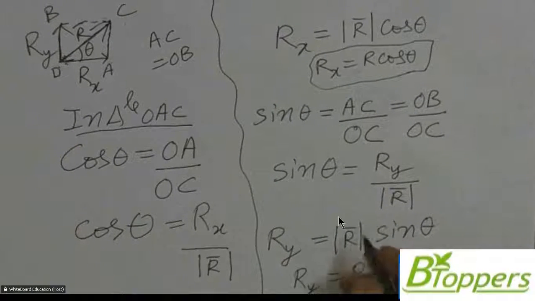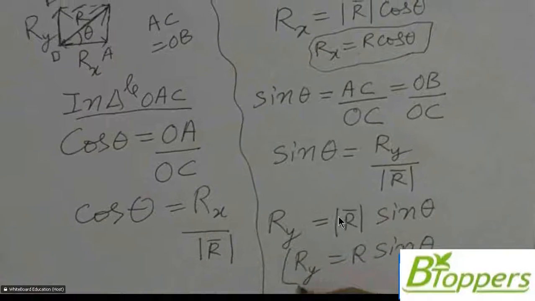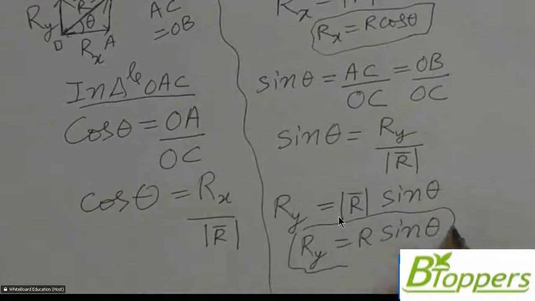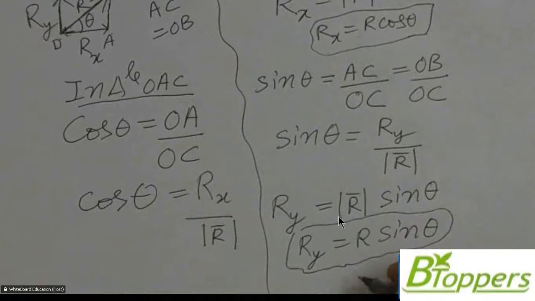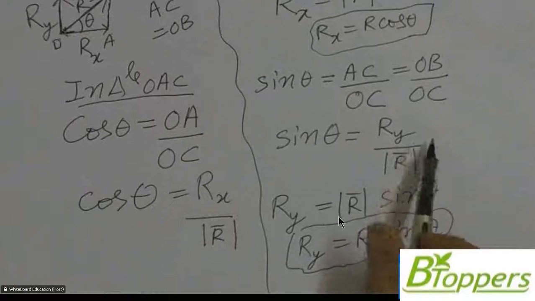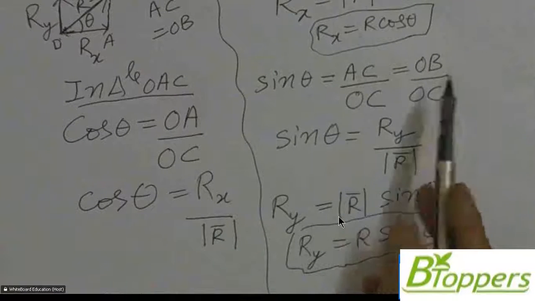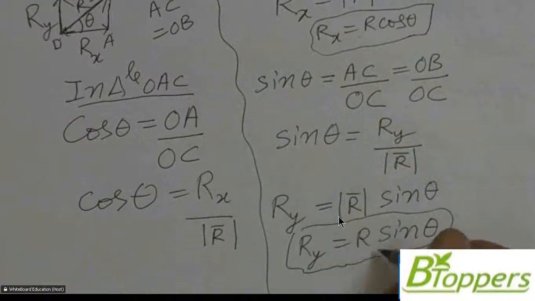That means if the vector r bar lies in the xy plane and makes an angle theta with the positive direction of the x-axis, then the x component of the vector is given by rx equal to r cos theta. The y component of the vector can be written as ry equal to r sin theta.